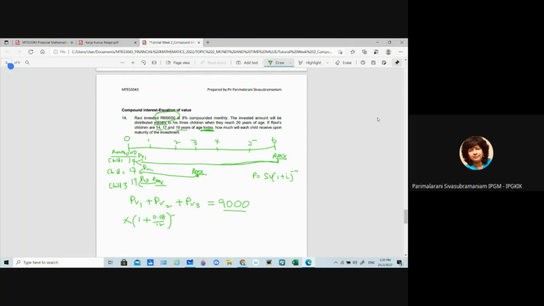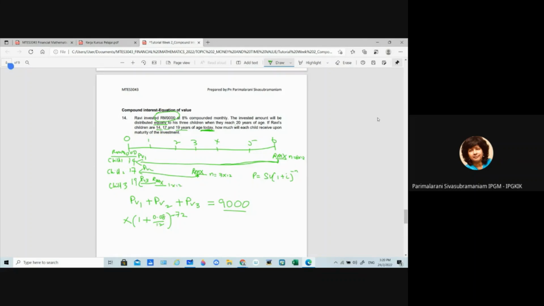That's child 3. So now we're doing child 1, which will be 6 years times 12. 6 times 12 is 72, correct? Here n is 6 times 12. Here n is 3 times 12. Here n is 1 times 12.